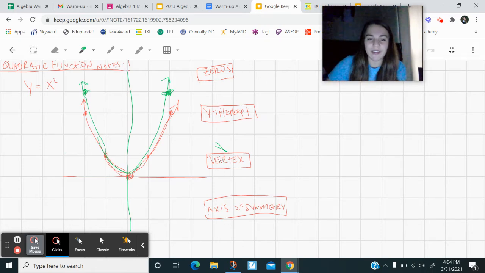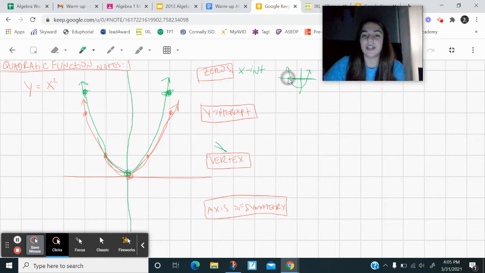Quadratic functions have a few different aspects, features, characteristics, whatever you want to call them. First of all, zeros. Zeros, we just figured out, are x-intercepts. Over here we have 1. Technically, this graph was supposed to go through right there at the origin. This x-intercept is 0. However, sometimes we might have quadratic functions that go through the x-axis twice.